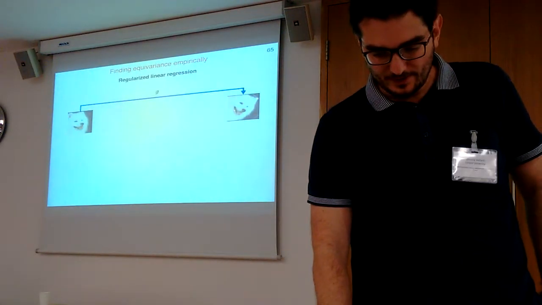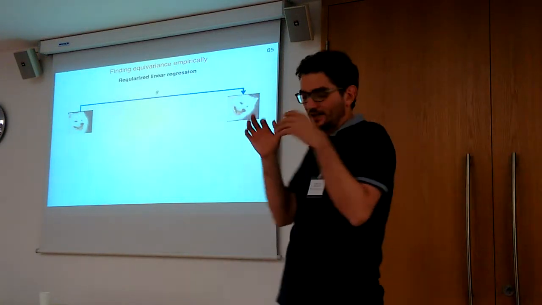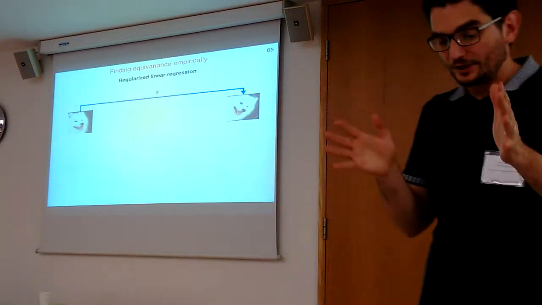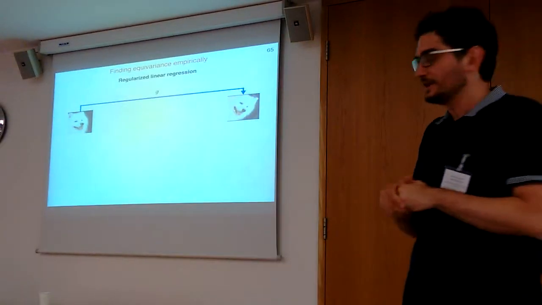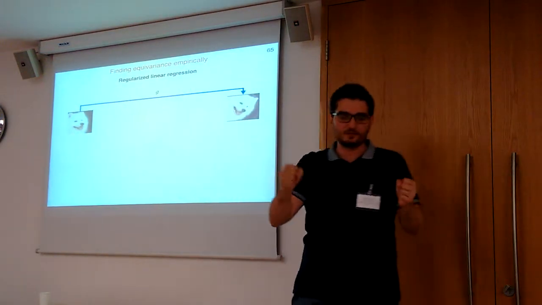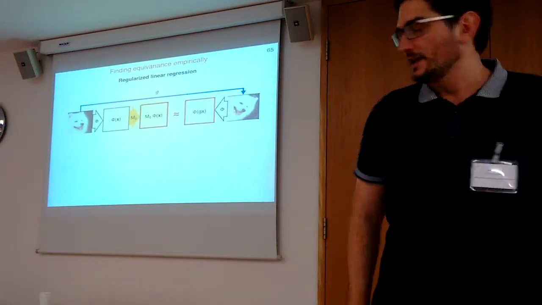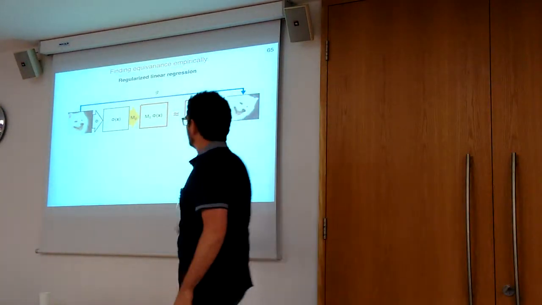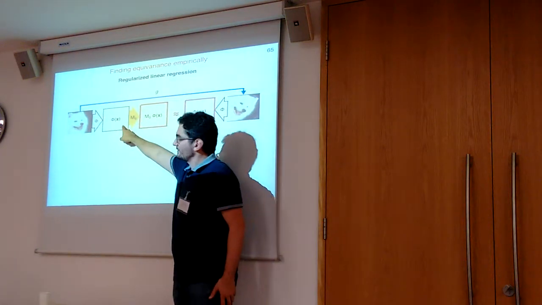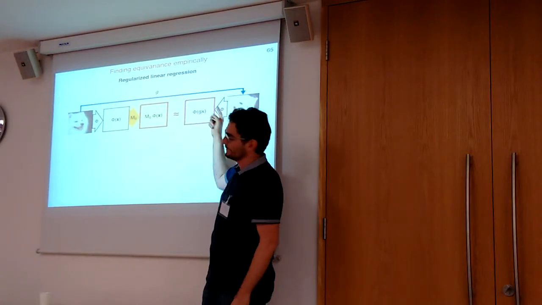So the whole idea here is that we're going to pick a representation, we don't train it, we just pick one which already exists, and we're going to check whether this property is satisfied or not. To do that, we take an image, we transform it, in this case we rotate it 45 degrees, and then we compute features like that, and we try to figure out whether there exists a map M_G, which we learn, that can take this representation and give me the equivalent version that I would have got from the rotated image.